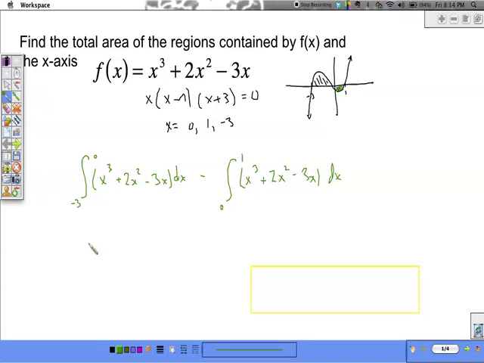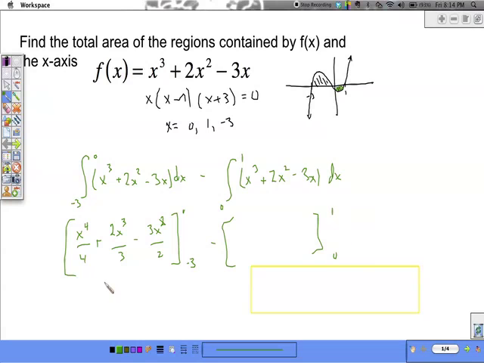And doing this integration, we get x to the 4th over 4 plus 2x cubed over 3 minus 3x squared over 2, evaluated at negative 3 and 0, minus the integral of that same thing evaluated from 0 to 1.